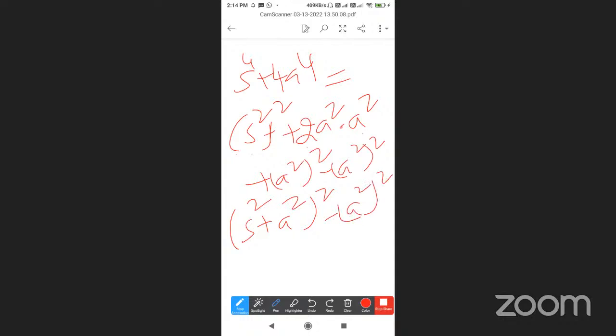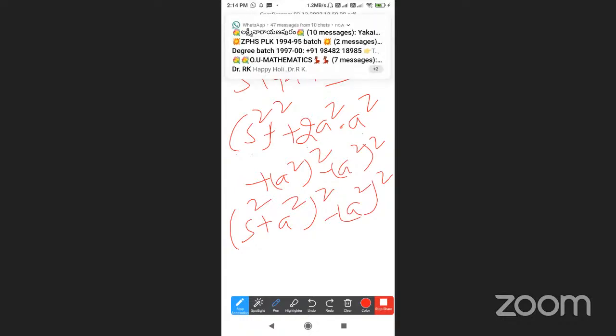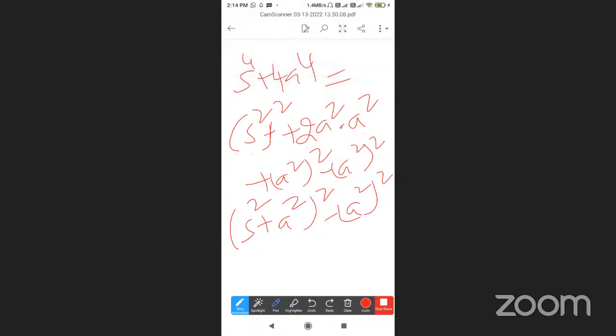We need 2a square s square. This is the a plus b whole square formula we have to apply. So s to the power of 4 plus 4a to the power of 4 is (s square plus a square) whole square minus (a square) whole square.